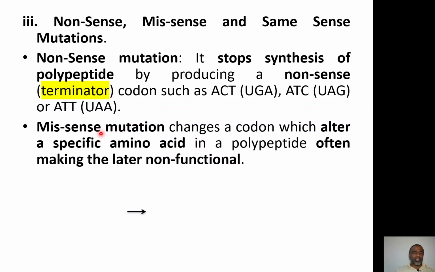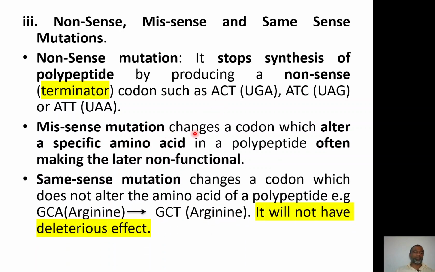So, the true sense of the DNA code is not present there because of the change in one of the triplet code. And then you have the same sense mutation. Same sense mutation means, say for example, the GCA code was responsible for the translation of arginine, but it is changed to GCT.